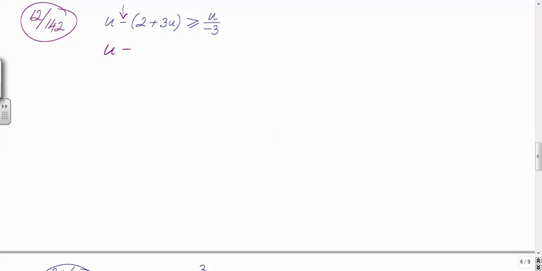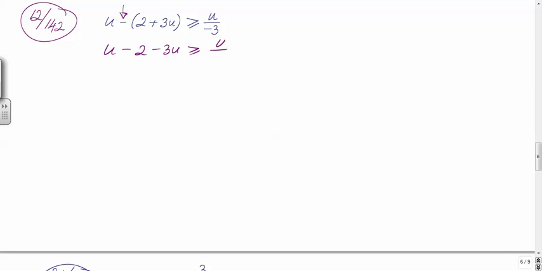So everything there will change its sign because you're basically adding their opposite. So it will be u minus 2 minus 3u. That negative sign is like multiplying negative 1 to everything inside the parenthesis. Greater than or equal to u over negative 3.